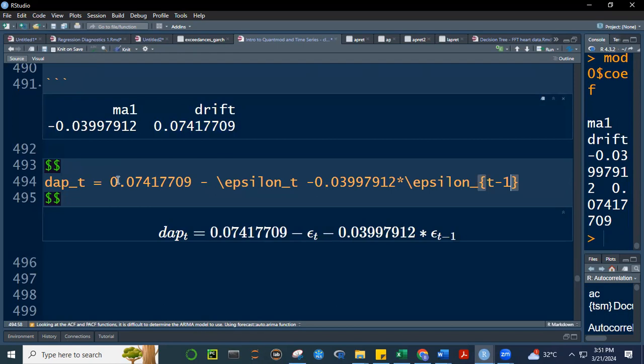Okay, take a look at our model class. So our difference Apple stock is the mean minus your error term minus MA1 class. MA1, lag 1 of the residuals. Pag MA2 yan class, dalawa, may epsilon T minus 1 ka at saka epsilon T minus 2. Okay?